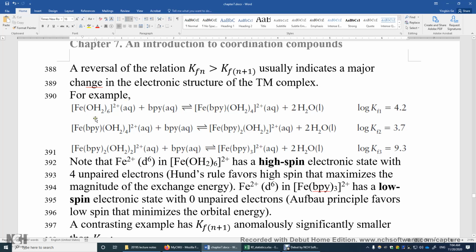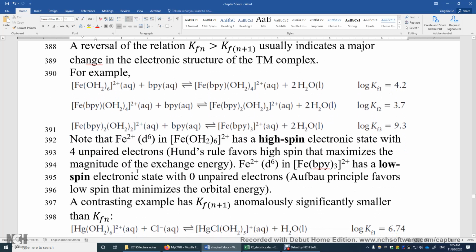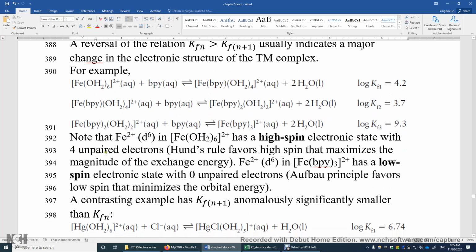So in this structure, later in chapter 20, you will see this ion, hexa aqua ion, has a high spin electronic state with respect to the ions. All right, so there are actually 4 unpaired electrons.